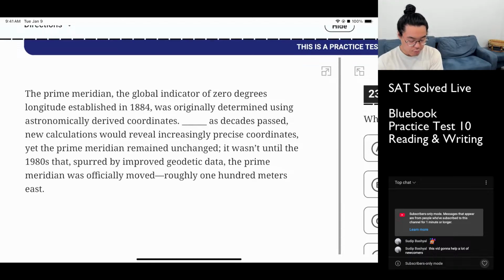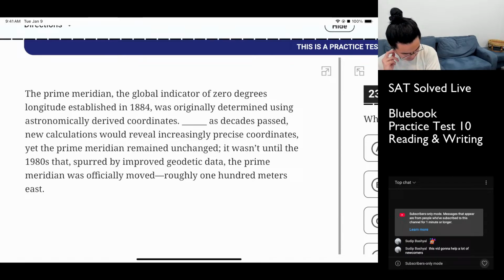Okay, the prime meridian was originally determined with astronomy. However, as decades passed, nevertheless, yet it remained unchanged.